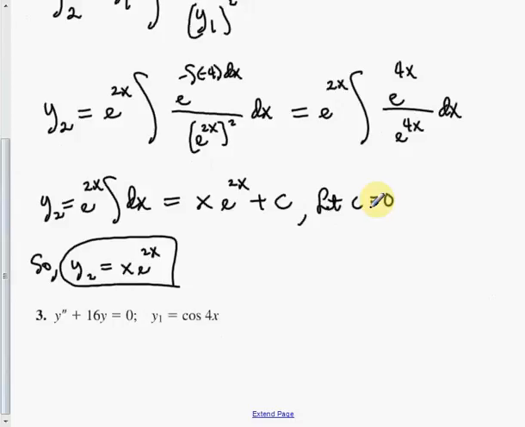Those constants will help us, if I'm given an initial condition, to find all constants for that particular differential equation. So I'm not throwing the constant away. I'm just trying to pinpoint the second solution right there. The second solution is x times e to the 2x. Any questions?